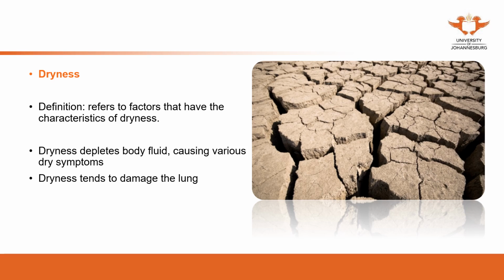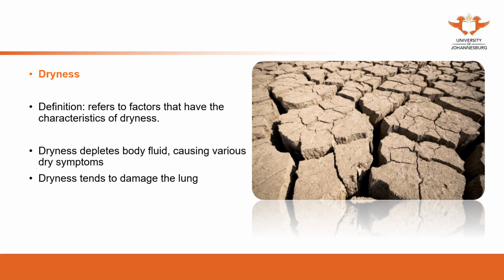It doesn't rain a lot, so this dryness refers to the factors that have the characteristic of dryness. It's very obvious from the name, the title of the pathogen. It refers to the characteristic of itself.